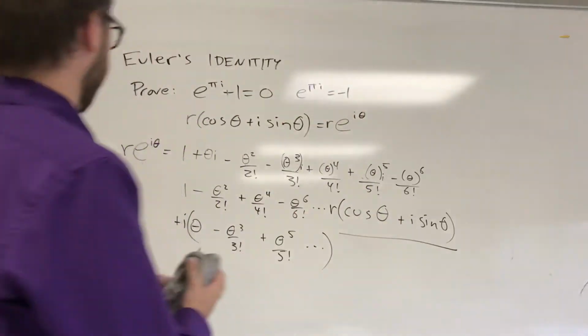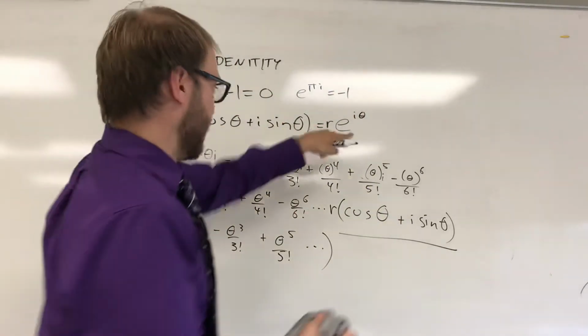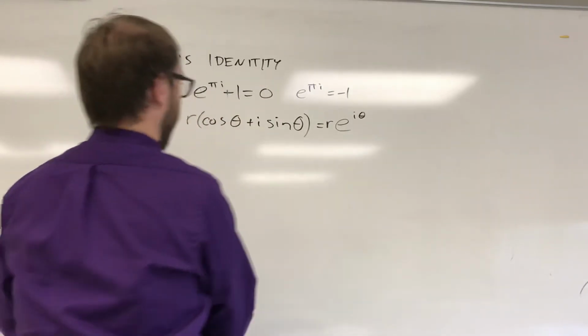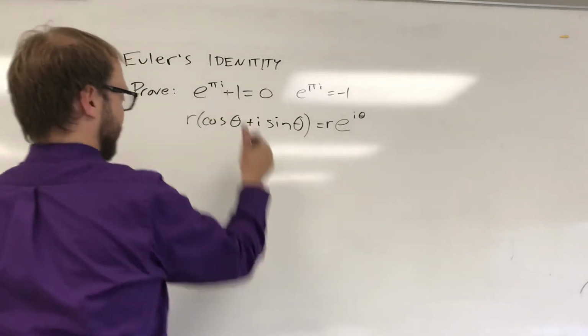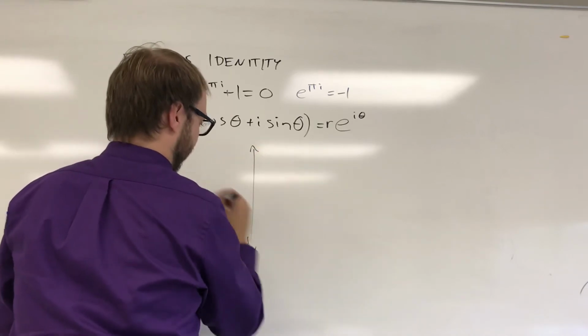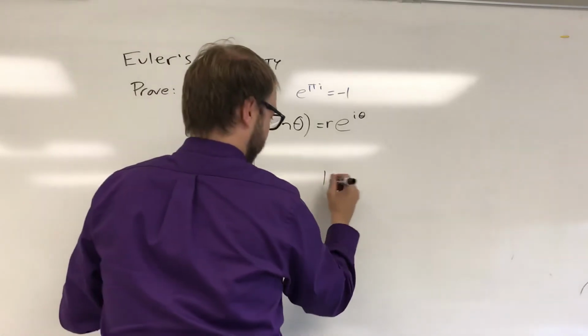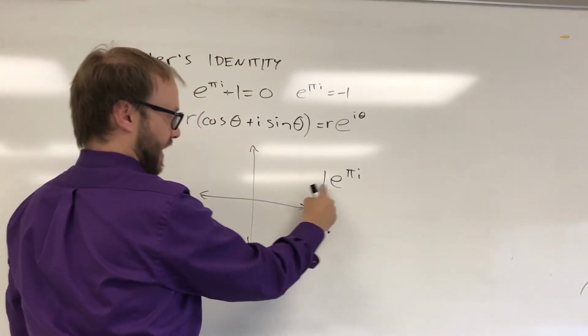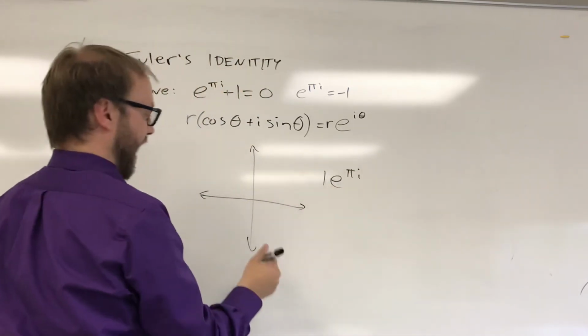Coming back now to Euler's identity. So if this is true, let's see what that tells us about Euler's statement. Euler calculates e to the pi i, okay? e to the pi i, of course, is 1 times e to the pi i. So our absolute value is 1. The angle measure is pi.